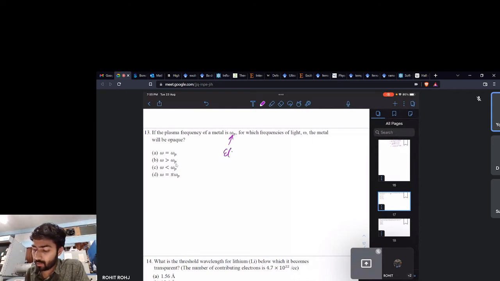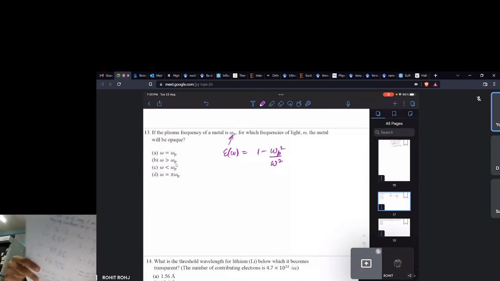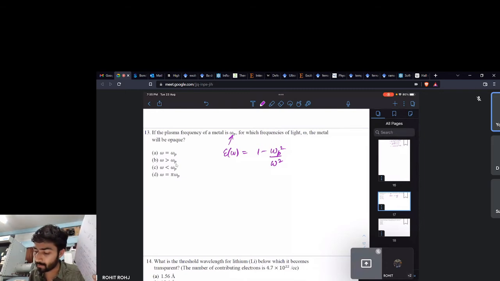epsilon of omega is 1 minus omega p square by omega square. So when omega, the incident light frequency, is less than omega p, then epsilon becomes negative, because if omega is less than omega p, omega p square by omega square becomes greater than 1, and therefore epsilon of omega is negative.